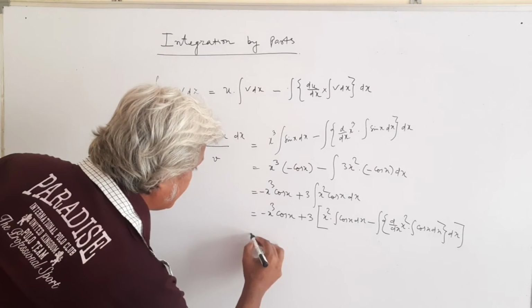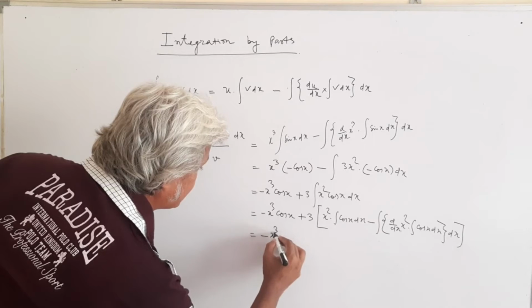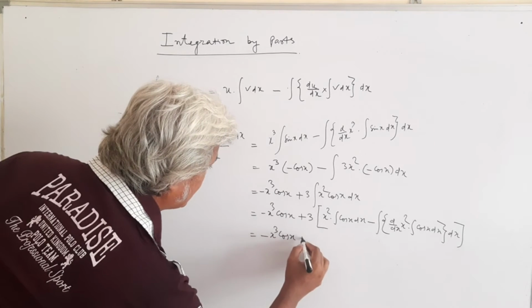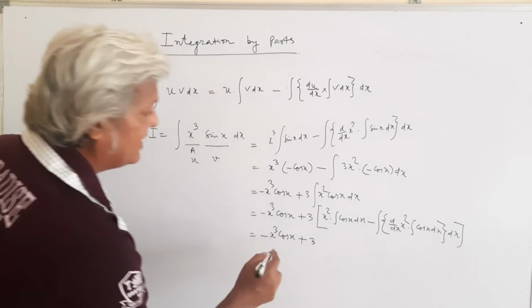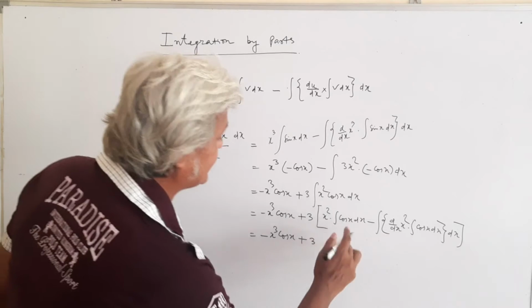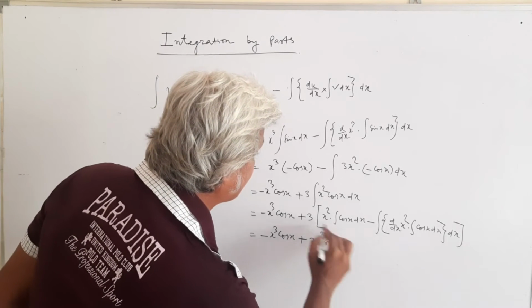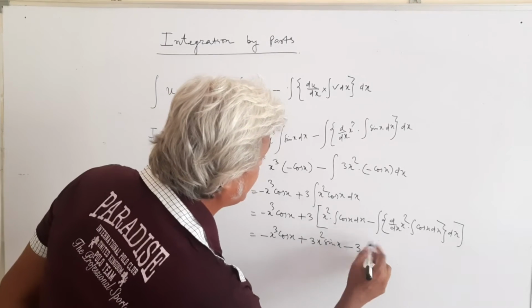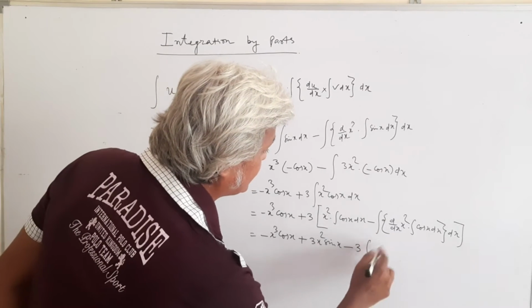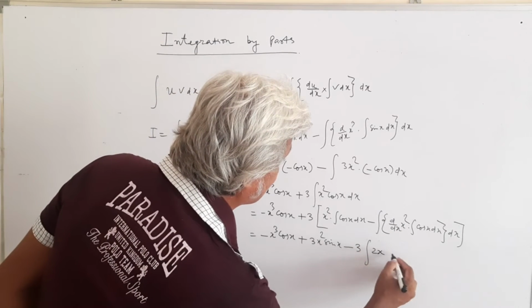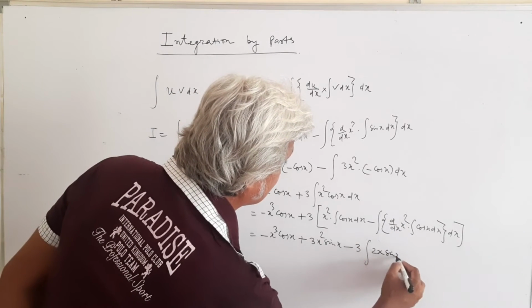So this is minus x cube cos x plus 3, and integration of cos x is sin x. This will become 3x square sin x and then minus 3, integration of x square is 2x and this is sin x again.